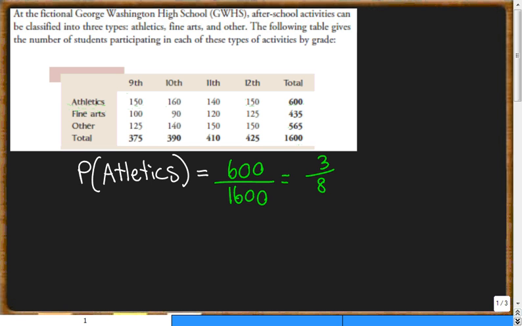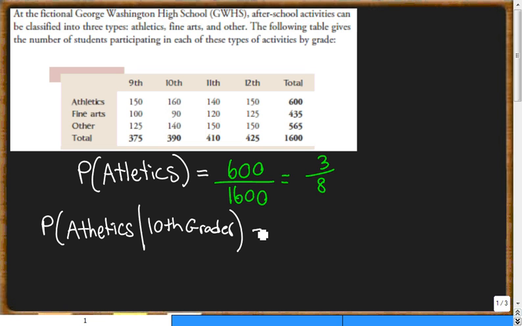But let's say that we now said the probability that they participate in athletics, given that they are a 10th grader. So now we have to look at the intersection of the 2 columns in order to figure out what we're looking for.